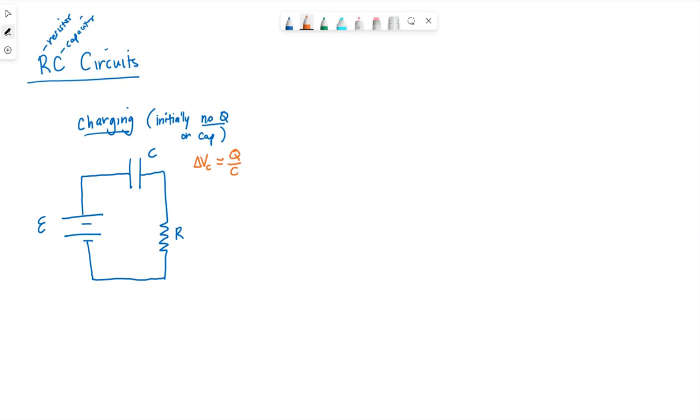So the moment, so t equals 0, meaning the moment the circuit is connected, the delta V for the capacitor is 0 because it started with no charge and it cannot instantaneously have a ton of charge. The resistor, though, its voltage depends upon how much current is flowing through it and its resistance.